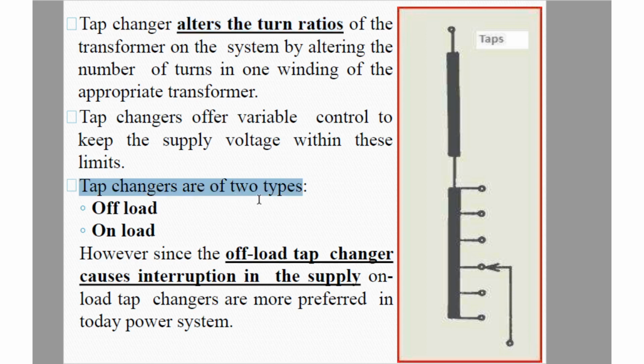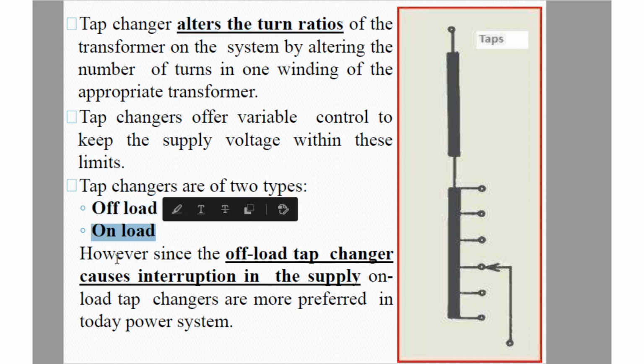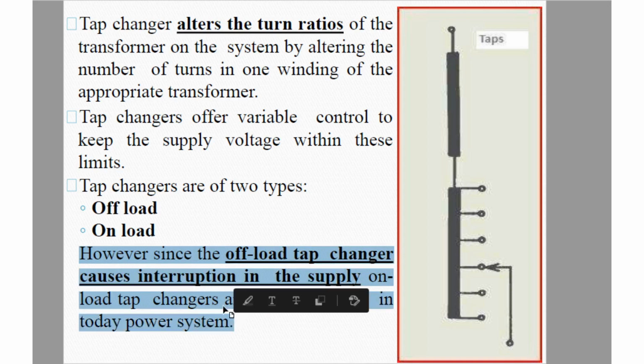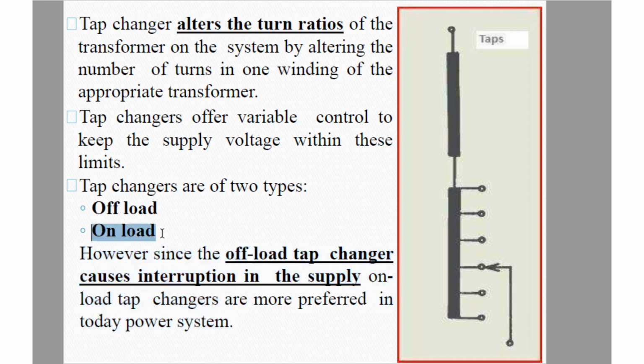Tap changers are of two types, off-load and on-load. However, since the off-load tap changer causes interruption in the supply, on-load tap changers are more preferred in today's power network or power system. So basically we are using the on-load tap changer widely.